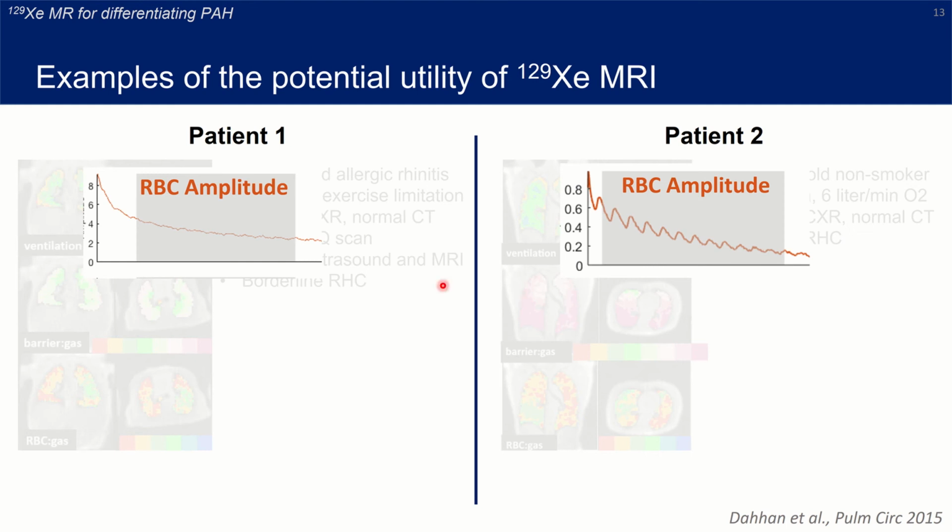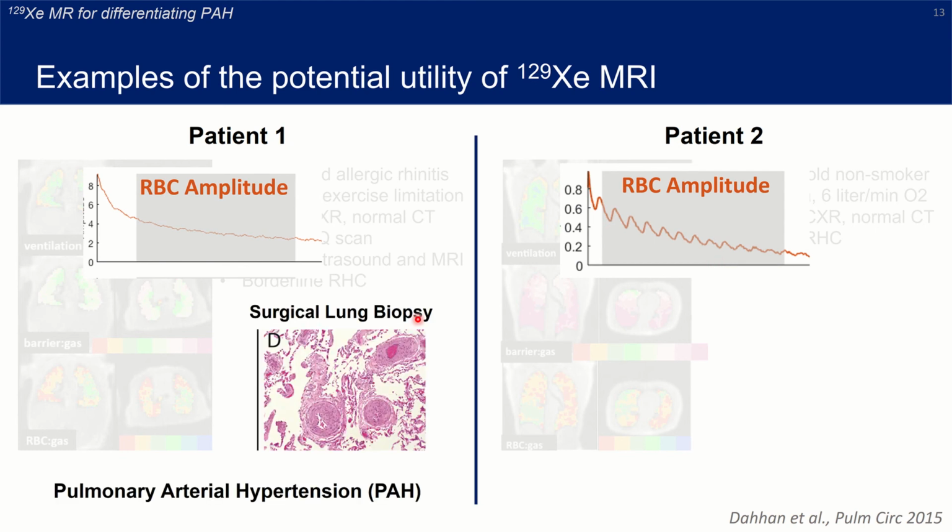When we do the dynamic spectroscopy, you can see in patient 1 how markedly reduced the amplitudes are. You can barely see these cardiogenic oscillations, while in patient number 2, they were markedly increased. And the first patient ended up getting a surgical lung biopsy because we were unclear as to what was going on based on his presentation, which clearly showed pulmonary vasculopathy consistent with pulmonary arterial hypertension.